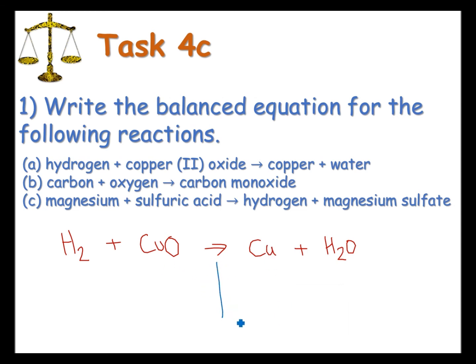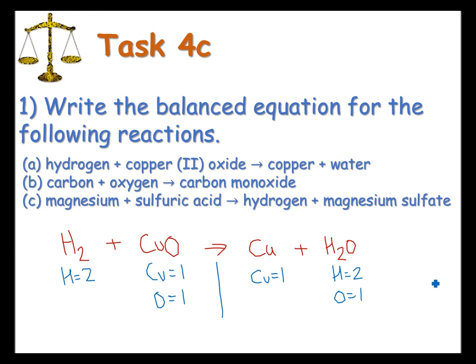So I'm going to draw my line in. Now beneath the hydrogen, I see that the H will equal 2 here. Beneath copper 2 oxide, I have a single copper, and I have a single oxygen now. Beneath the copper on the product side, there's only 1, so I write that, and then I have 2 hydrogens, and I have a single oxygen.